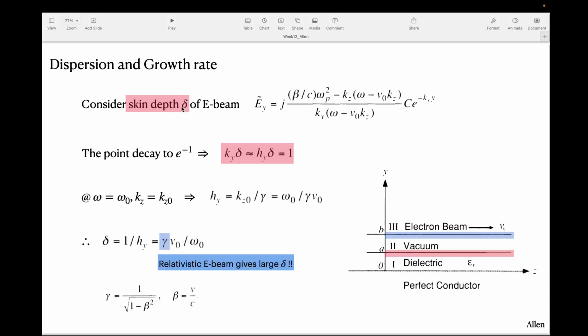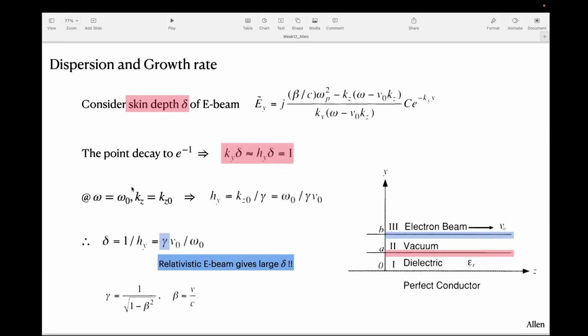And the skin depth is defined as when the field decays to exponential minus 1 of its conventional value. So we can record the field expression of the electron beam in this form, and we can see that the skin depth corresponds to ky times y equals 1, and it approximates to hy times delta.